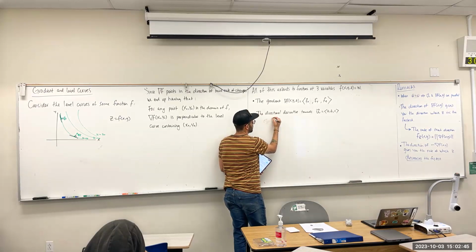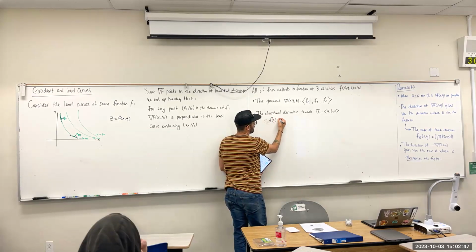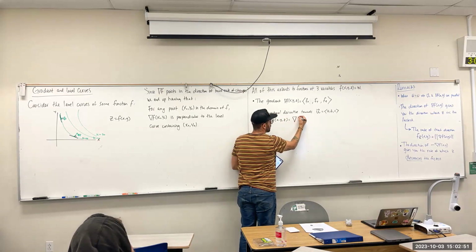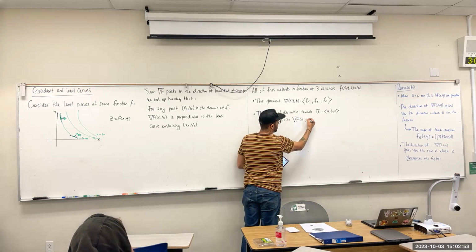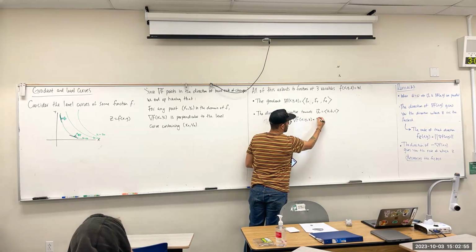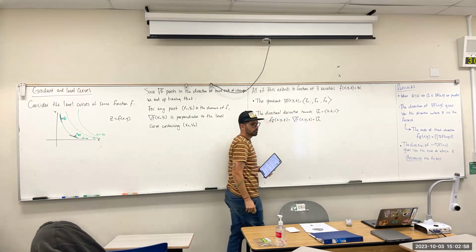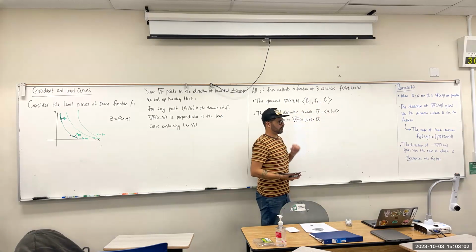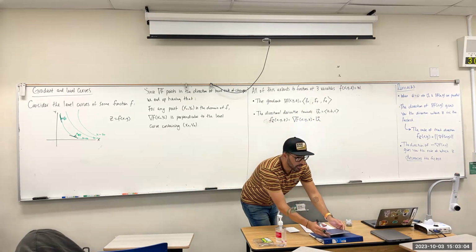So to find that directional derivative, I still can do the gradient vector and dot it with u. I can still do it that way. I dot this vector with this vector, and that'll give me my directional derivative.